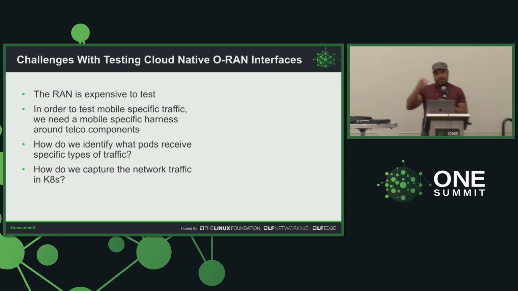So the idea is taking an emulator and making a test harness so that you can start testing some of these things. Other things we ran into: how do you identify which pods are which within the cluster? Is this an AMF, or the DU or CU, or whatever it is? We're going to talk about identifying those things, and then how to capture the network traffic. Capturing network traffic is easy in a regular environment on Linux, but doing it in Kubernetes, sometimes you run into issues. So these are things that we ran into.